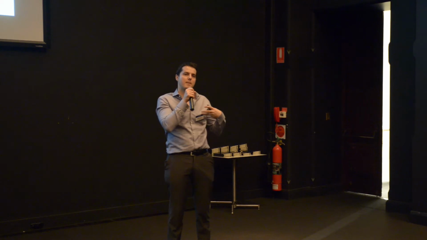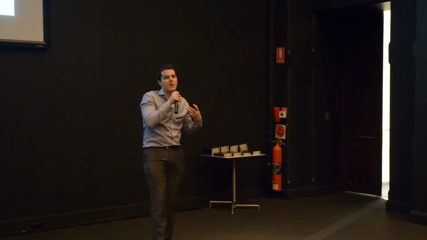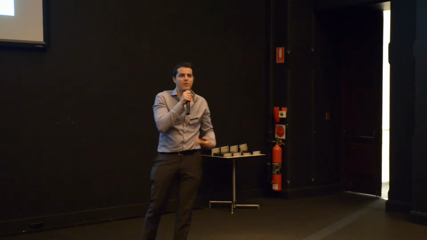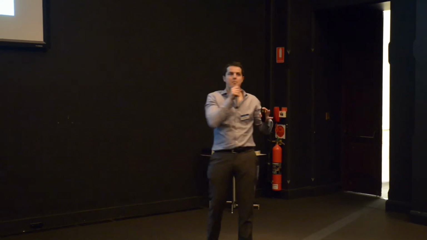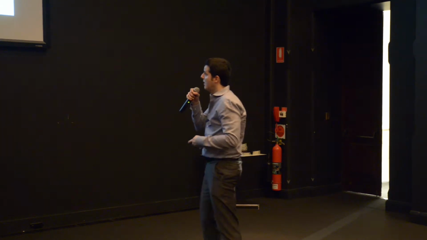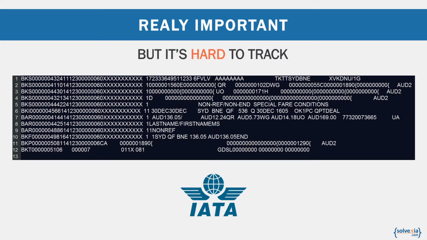They're global in nature, and for simplicity, let's just think of them as the global keeper of all the information around ticket data. What agents have access to is this information that you see up there, known as hot files. And they're very archaic in nature. Although it's incredibly hard to interpret, what that information up there represents is actually a ticket.